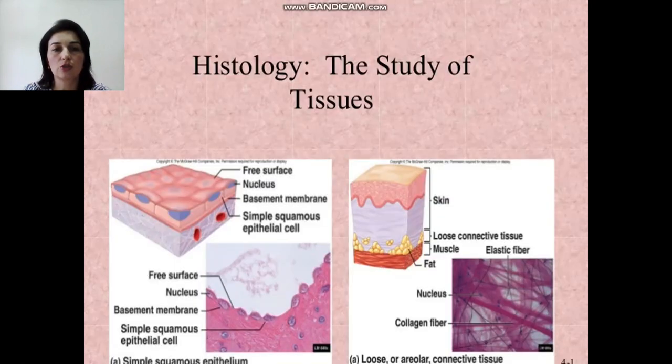As we know, histos means tissue, and histology is a science which studies tissues of the human body. As we know, 200 types of cells compose the human body, and they are arranged in tissues.